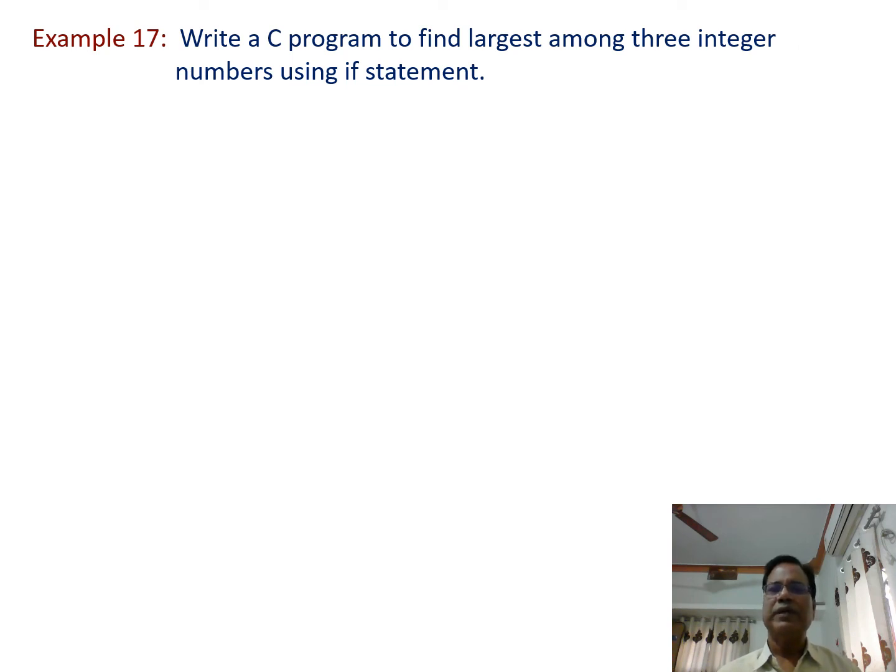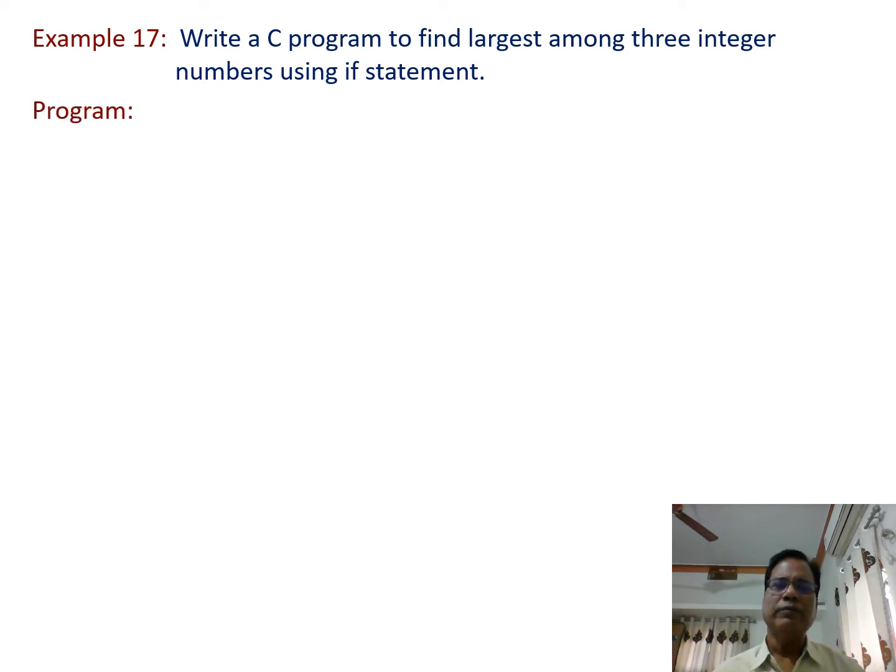Now let us take another example. In this example, we have to write a C program to find the largest among three integer numbers using the if statement. So using the if statement, we have to find the largest among the three numbers.